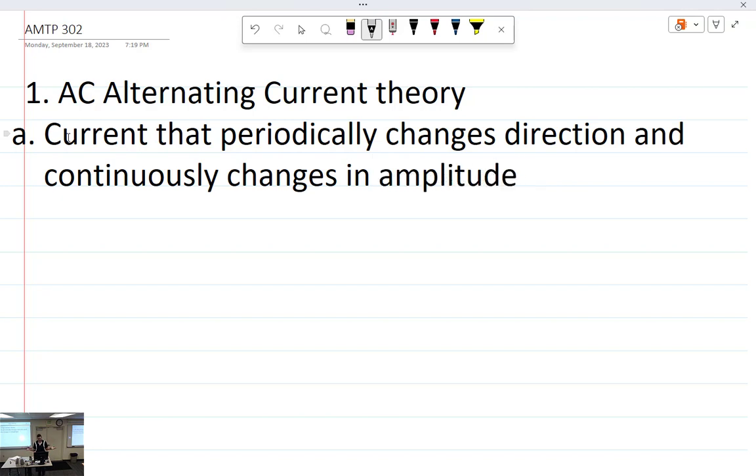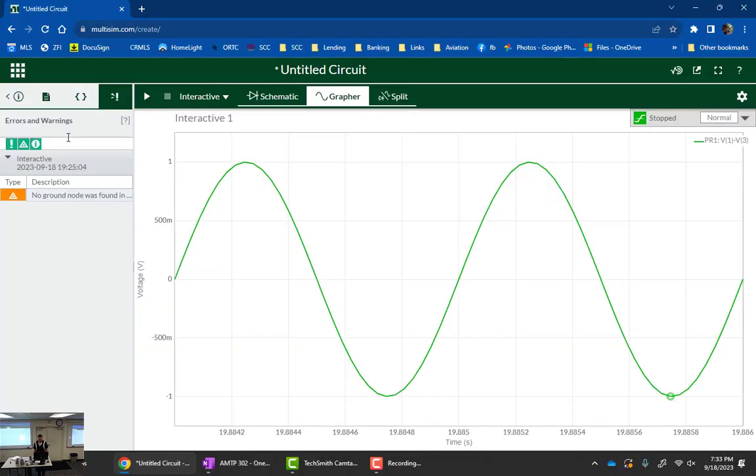That's as opposed to DC that never changes direction or magnitude. DC never changes. So going back to this, current that periodically changes direction.